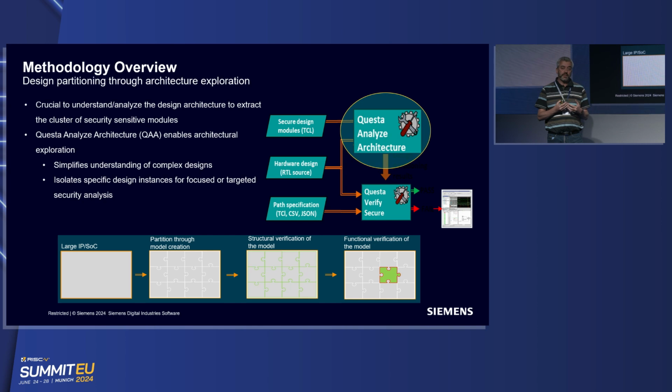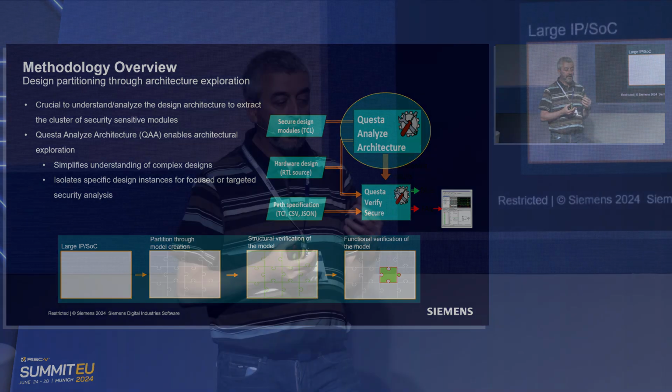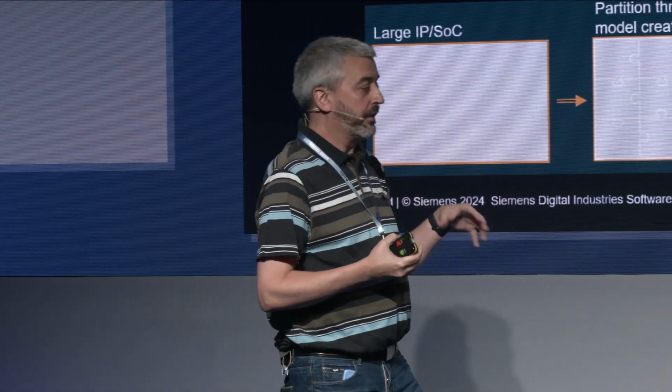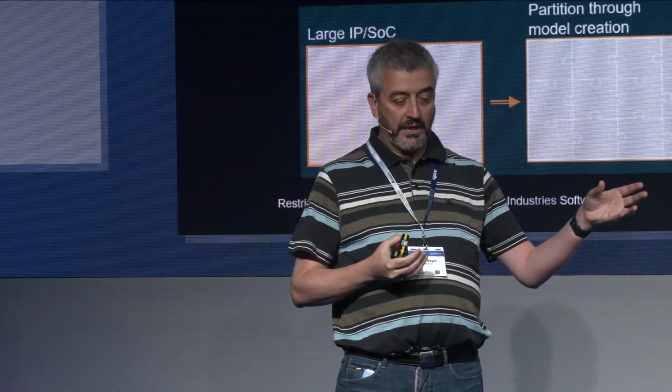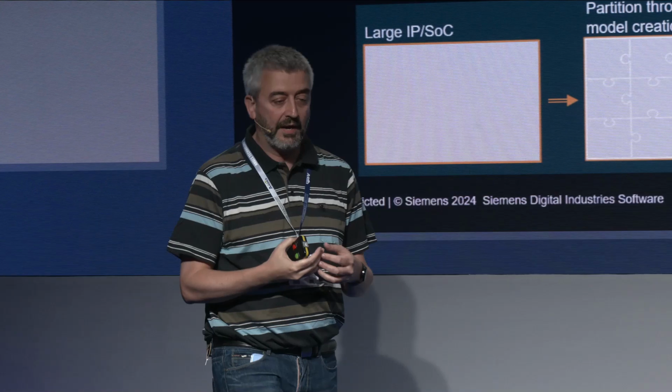So what we have here is an automated tool to perform design partitioning, which can be a crucial instrument, because whoever is entrusted with doing security verification on the whole SoC will not be an expert on all the different blocks and their interactions. So an automated tool can tell you what influence a certain part has, or how some part can be influenced by other parts of the design.